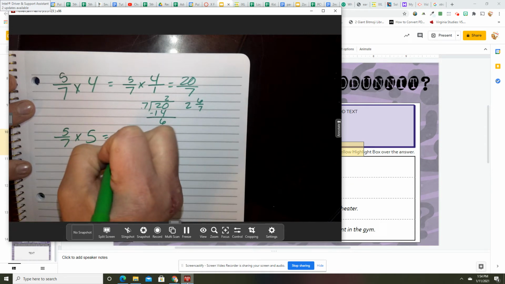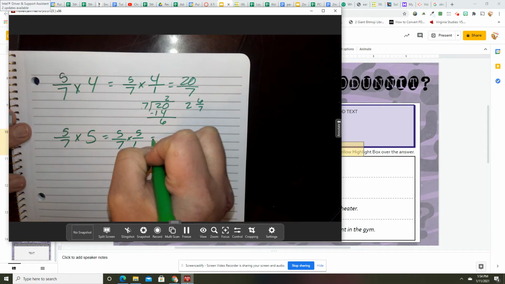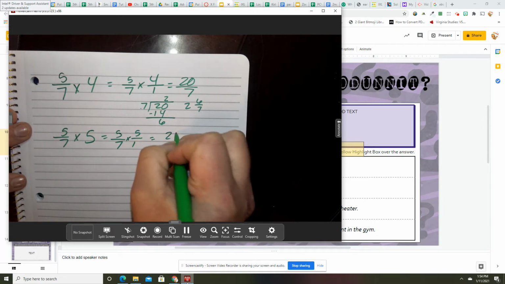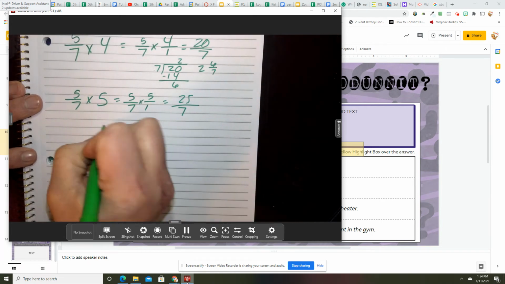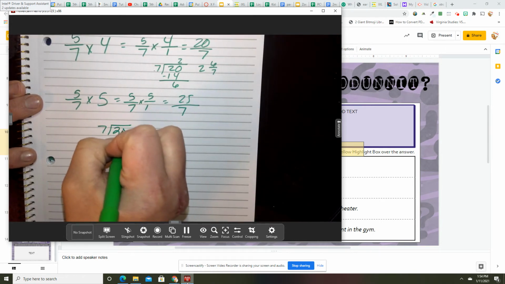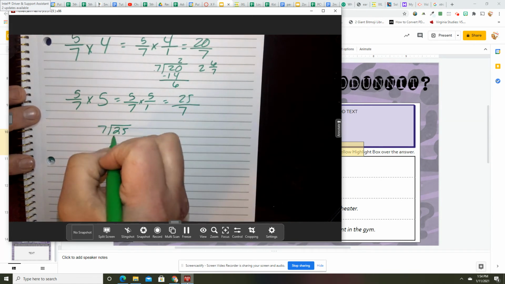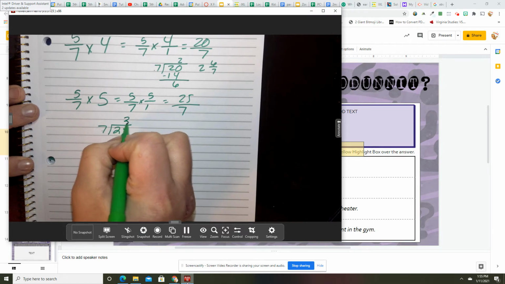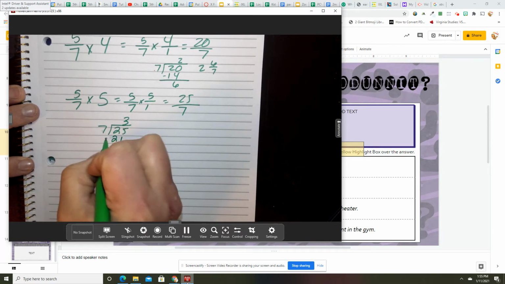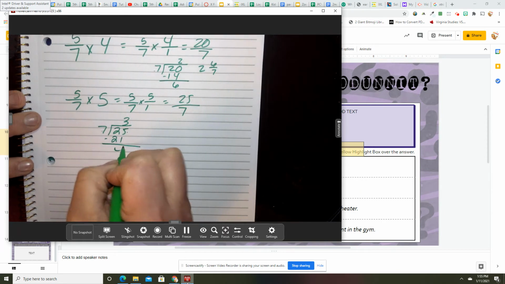Just remember, you're going to rewrite and put 5 over top of 1. 5 times 5 is 25. 7 times 1 is 7. Now you just have to divide, because you want to take this improper fraction and turn it into a mixed number. 7 goes into 25 3 times. 3 times 7 is 21. When you subtract, 25 minus 21 is 4.